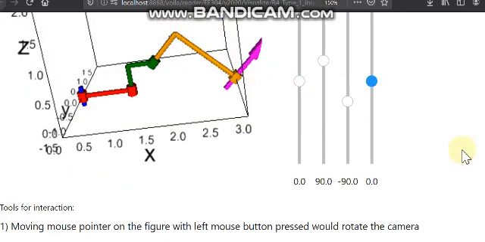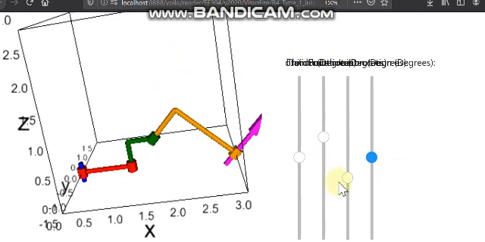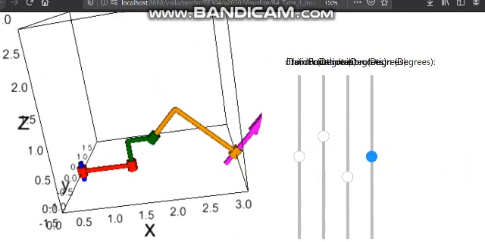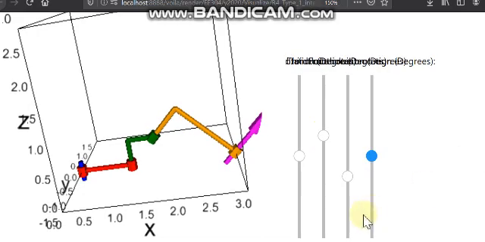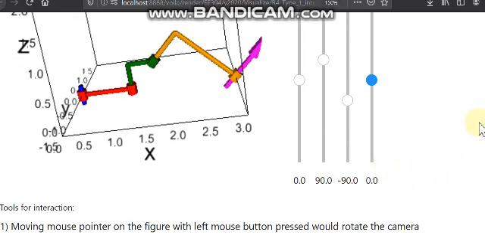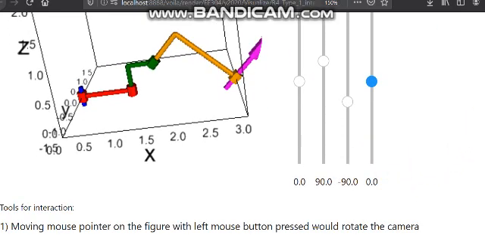Now here we have these four numbers. We will not touch these, we will keep them as they are, and we will just vary theta 1 a little bit around its current value and see what happens.